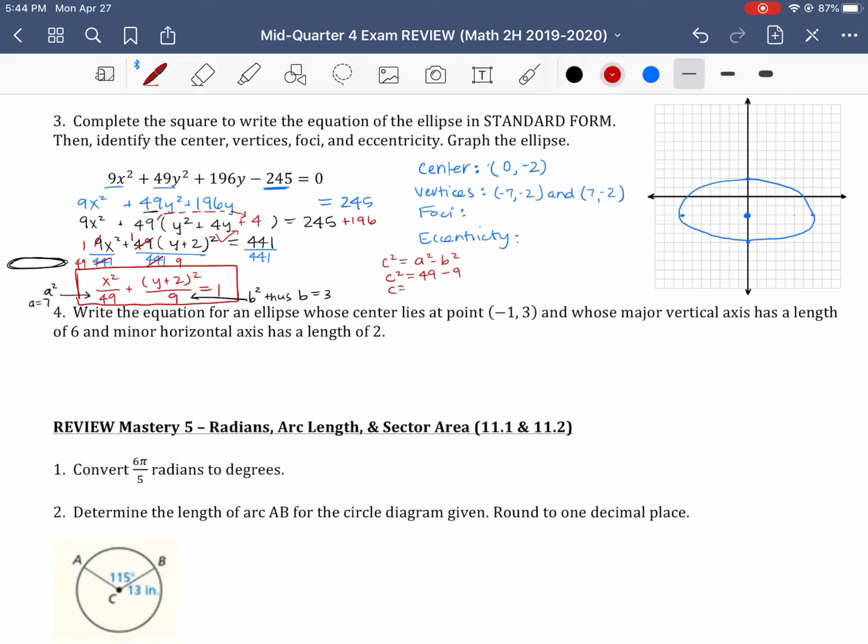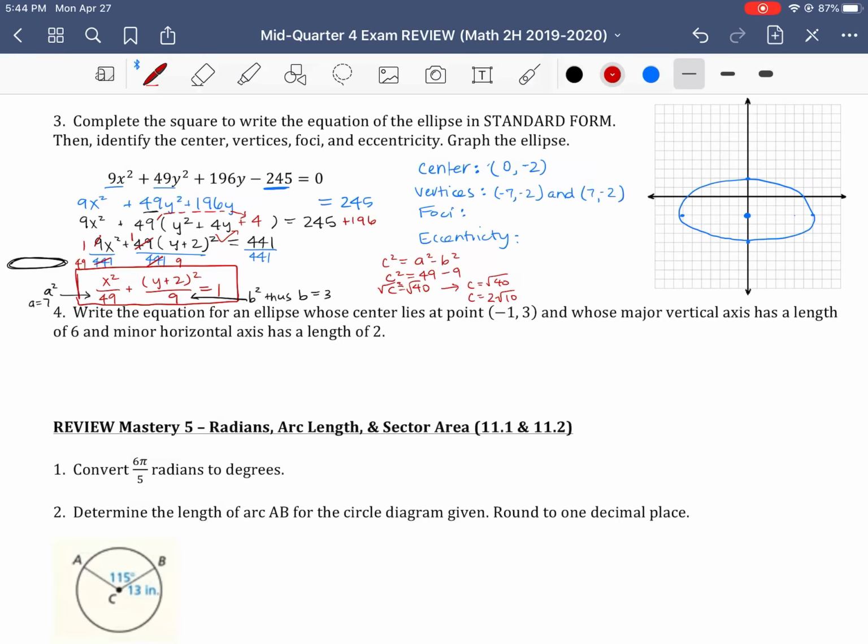So c squared is actually equal to 40, and when we square root both sides, we get c is equal to the square root of 40. You can leave it as the square root of 40. Generally, we would simplify that. So if we build that tree, there's a 4 and a 10, and that leaves us with 2 square root of 10 because we'd have a group of 2's.